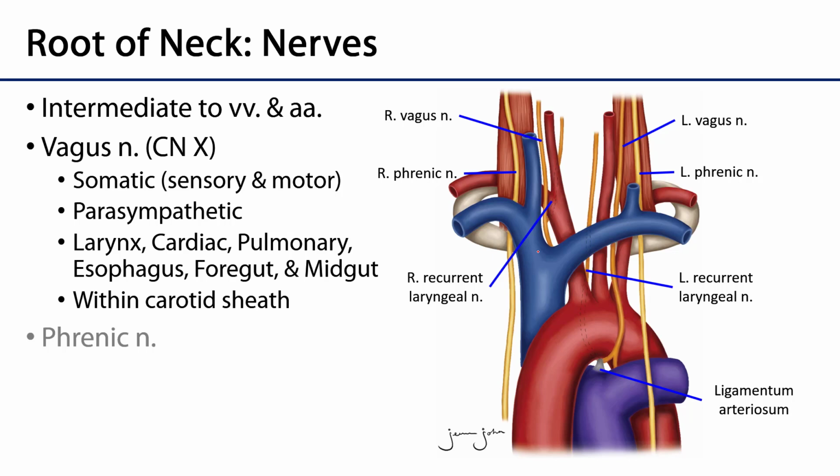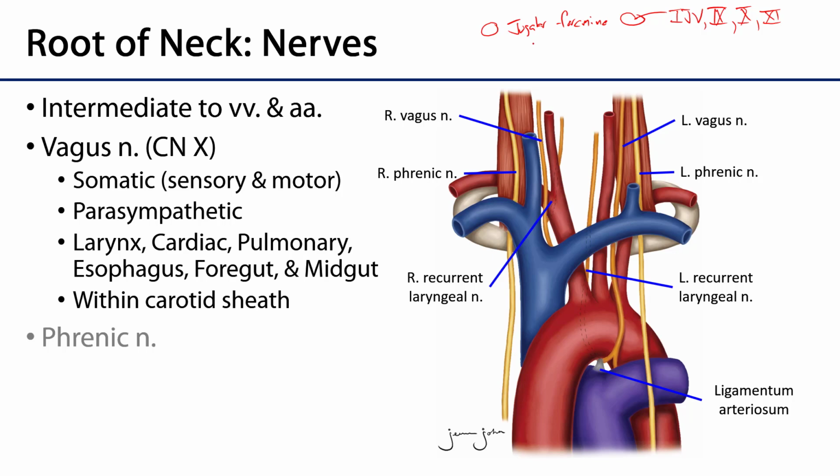Coming down, exiting the skull from the jugular foramina, left and right. You're going to be sick of hearing what comes out of the jugular foramina, but that's where the IJV starts, right? We also have the glossopharyngeal nerve, cranial nerve 9, the vagus nerve, cranial nerve 10, and the accessory nerve, cranial nerve 11.